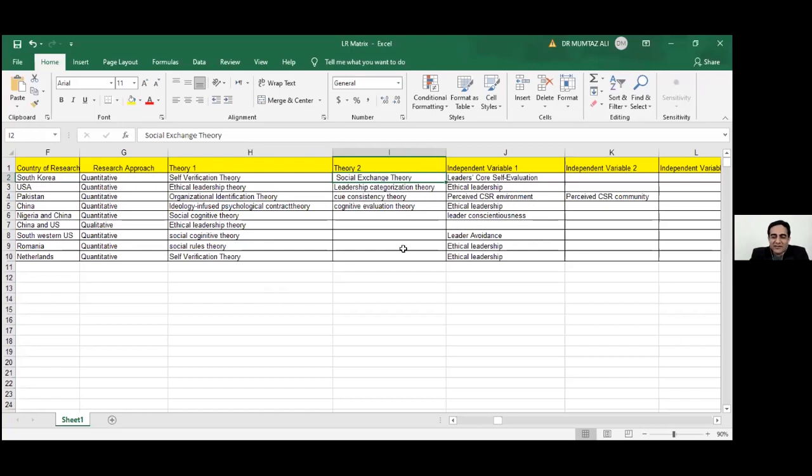This literature matrix somehow can help you. Why I'm saying it's not 100% help is because it needs your justification. The art of writing, the art of justification. Just simply mentioning that previous people didn't utilize this theory is not enough.